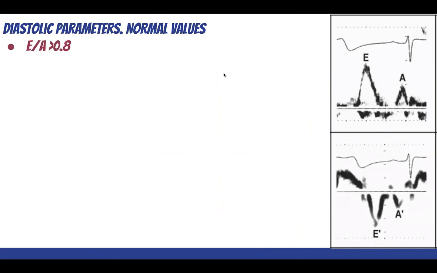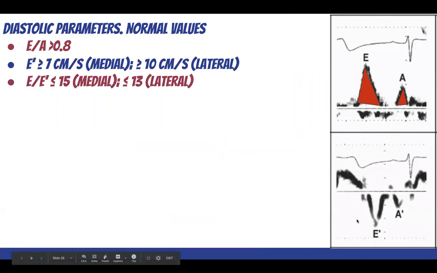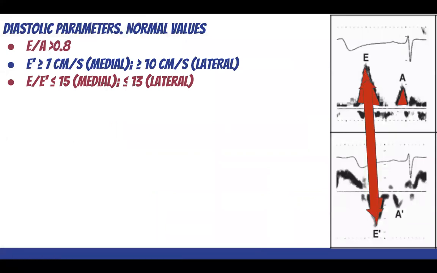E to A should be more than 0.8. E prime medial should be more than 7. Lateral should be more than 10. E to E prime medial should be less than 15. Lateral should be less than 13.